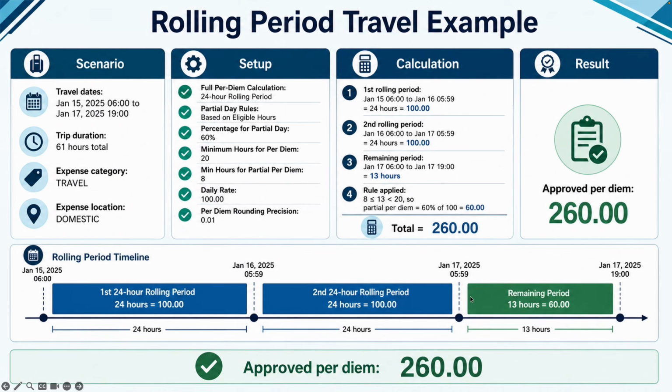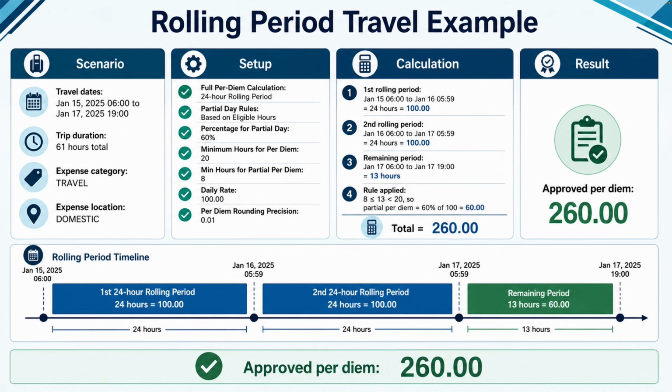Now, where it becomes interesting is that for the remaining trip, it is 13 hours, because from 6 a.m. in the morning of 17th, I only been traveling till 7 in the night. Okay, so that's 13 hours, and it's not 24 hours. So I get only $60 for this last day.